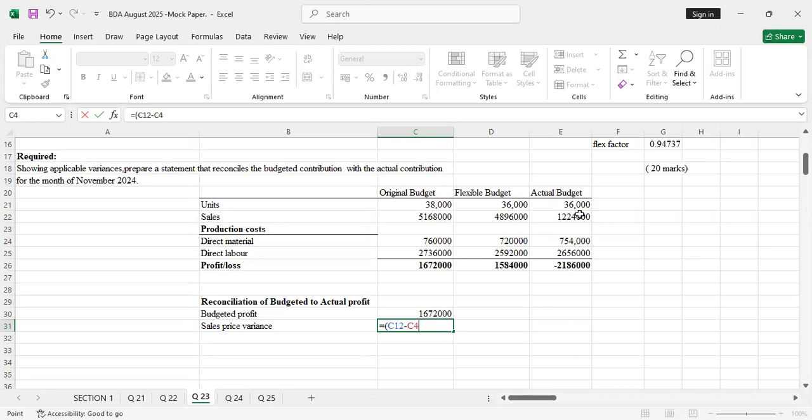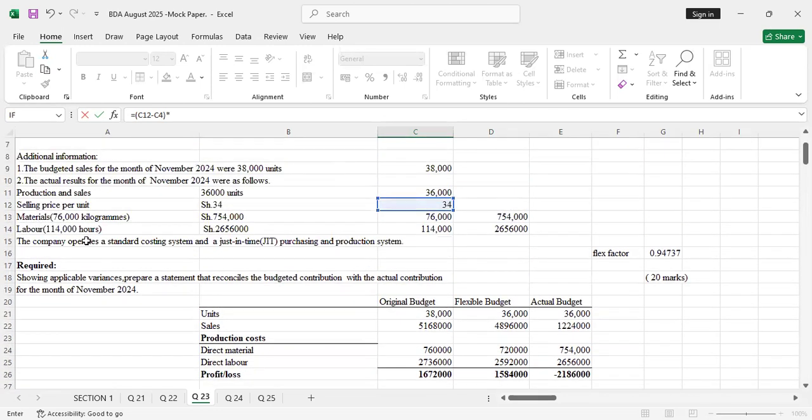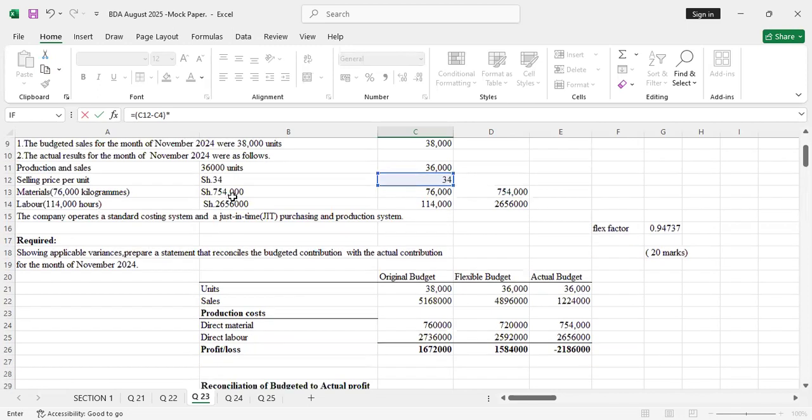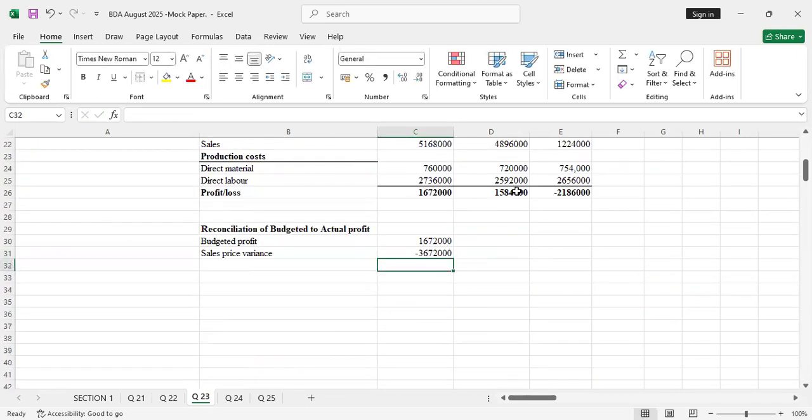You close the bracket, then you multiply by the actual quantity sold. What were the units sold? The actual. You're told that production and sales was 36,000 units. So you multiply by that 36. Then you enter, and you'll get that value.